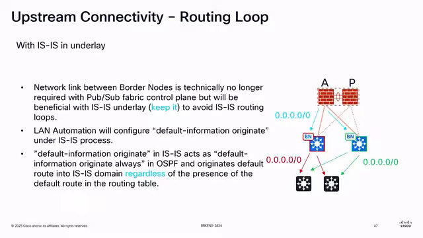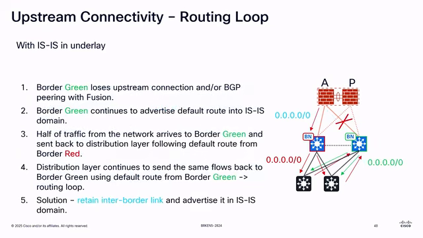Which means, consider the failure scenario. The link from the border green fails. So BGP session fails. It no longer has default route from the firewall. All right? However, it still originates a default route into ISIS domain. Okay, then the traffic arrives to the pair of distribution switches, right? These distribution switches still have 2 default routes, one to border red, one to border green.